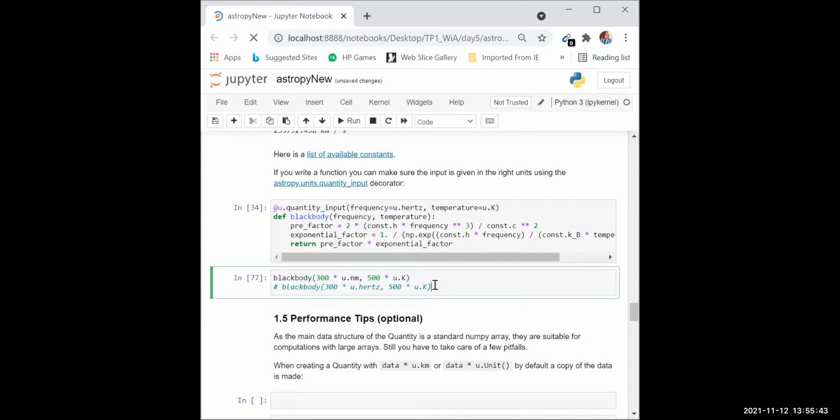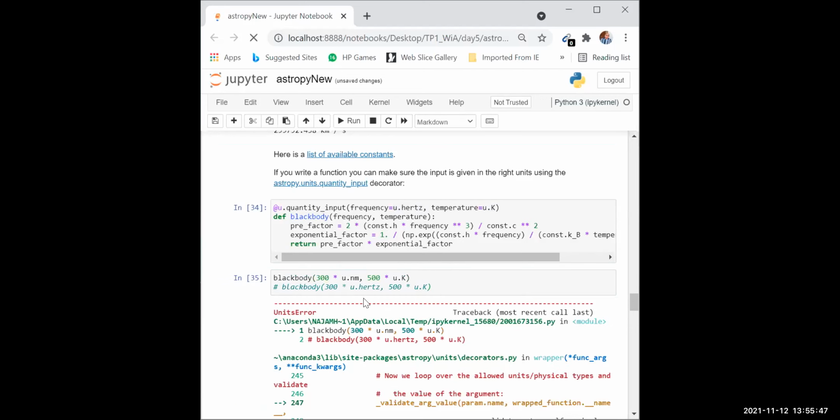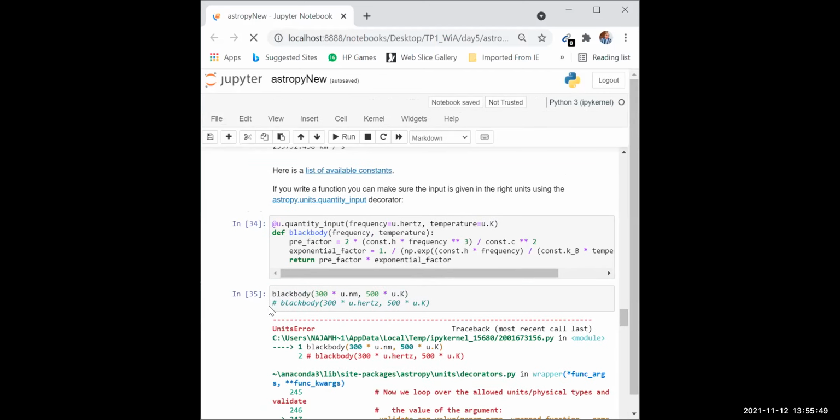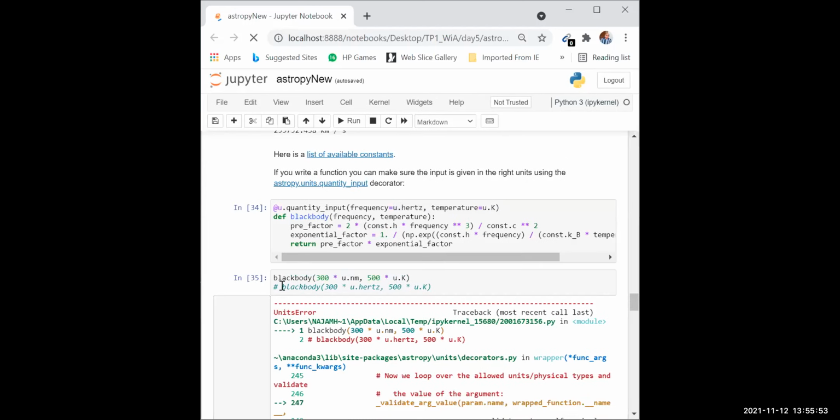If I run this code, you will see you are getting an error because the units are not compatible. Our quantity has to be in hertz, right? In the first line of code which I ran, the unit is in nanometers, but we want it in hertz.